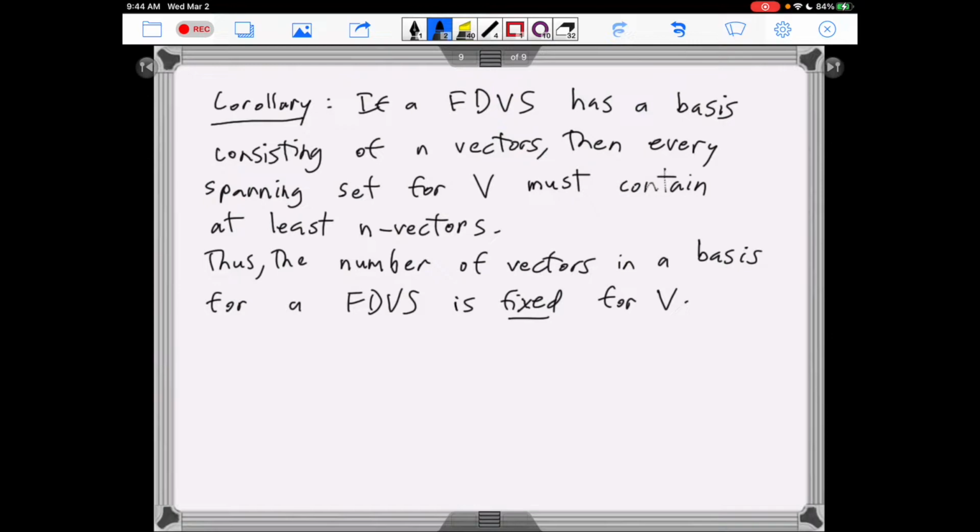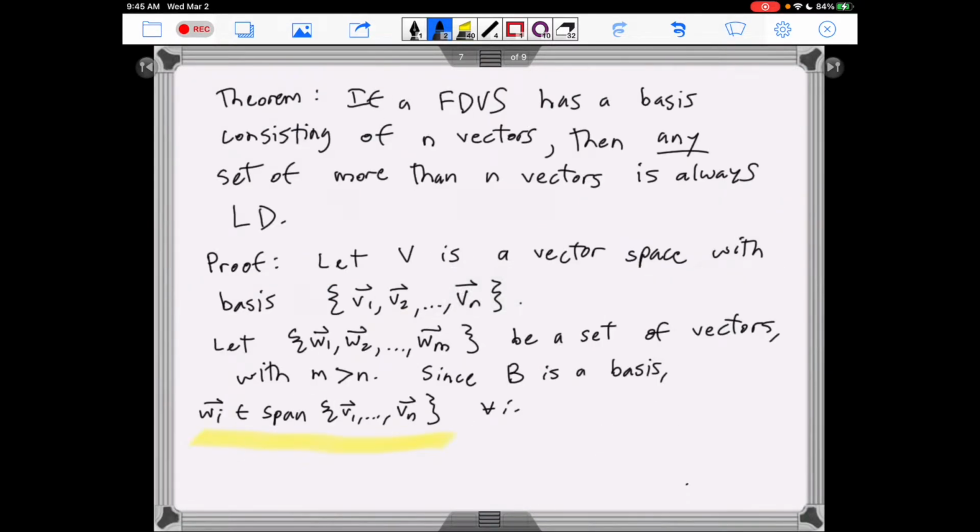This is super, super important, okay? What we're saying here is that in order to span, you need to have at least the number of vectors as there are in a basis. But the theorem before says that in order to be linearly independent, you need to have at most n vectors. Okay?